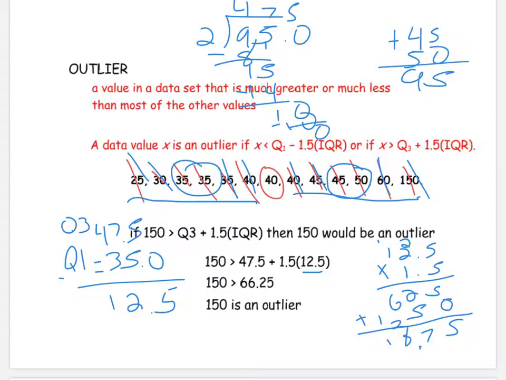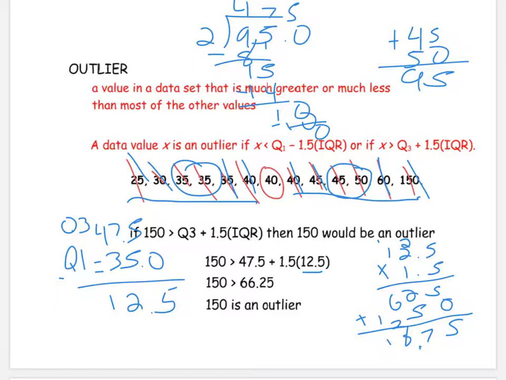So in order to figure out if a value is an outlier, you have to take the value and determine if it is greater than quartile 3 plus the value you got when you multiplied the IQR times 1.5. So in our case, if we're looking at specifically 150, because that's the only number that really stands out, I would have to take the 47.5, which is the third quartile, and I would have to add the 1.5 times the IQR, which is the 18 and 75 hundredths.